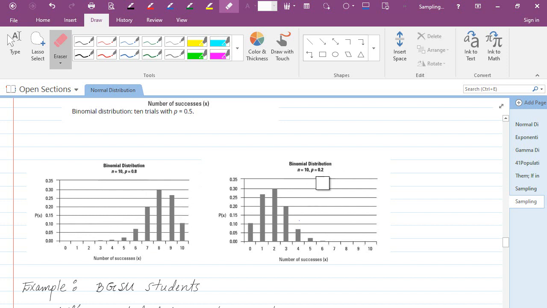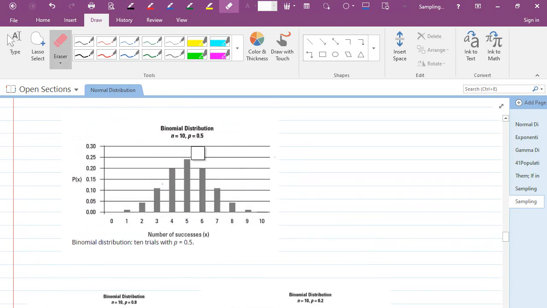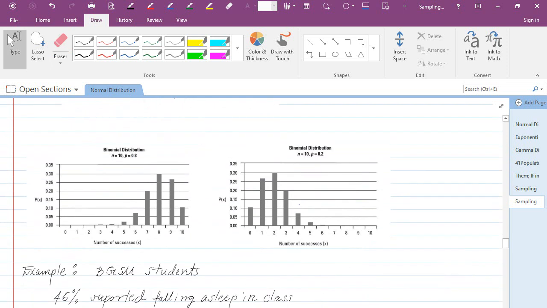And then when p is 0.2, here the case is when p is bigger than 0.5. When p is 0.5 exactly, notice that the distribution is symmetric, right? In this case the distribution is not symmetric, and also in this case the distribution is not symmetric. So this is the case when p is 0.2.